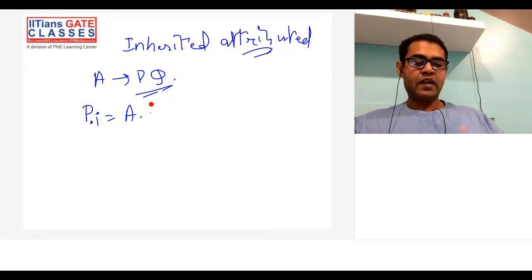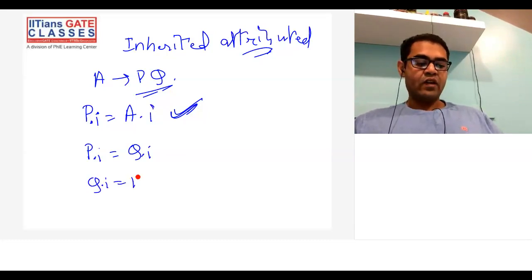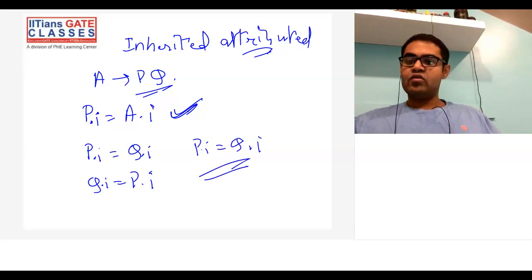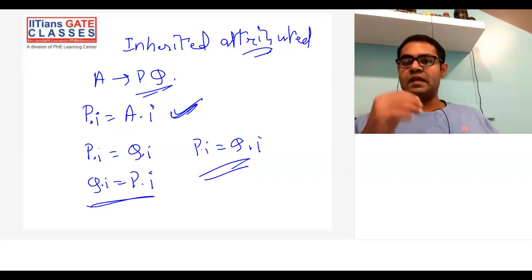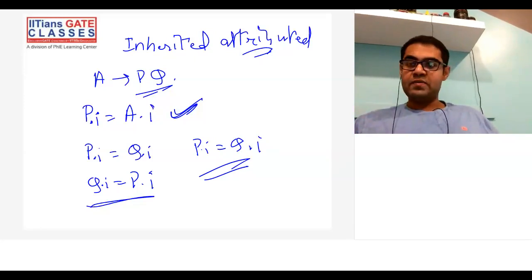Either it can take from A.I. This is correct. Okay. Then P.I can take value from Q.I. This is also correct. Or Q.I can take value from P.I, or P.I can take value from Q.I. Okay. So the siblings can take value from each other. Okay. So I hope these two concepts are clear.